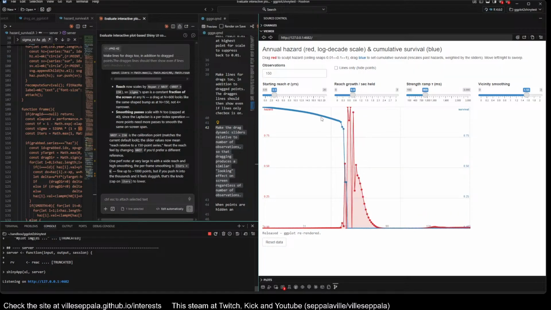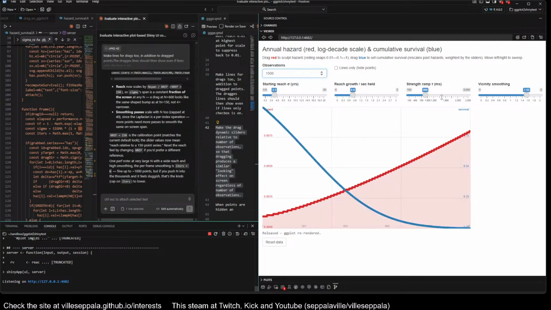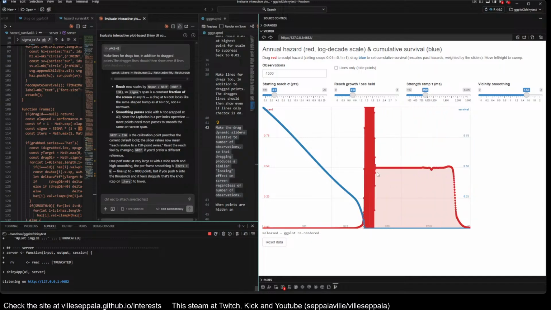And we are at 150 observations, but it might just be something that I don't really understand about hazard rate and survival rate. If I start with this, maybe it's because we did this now for different time scales that it's not really working out, but it's not working for the 1,000-year time scale either.